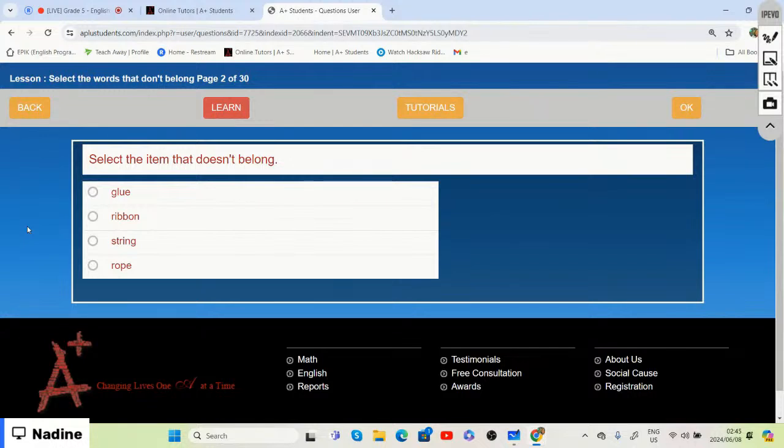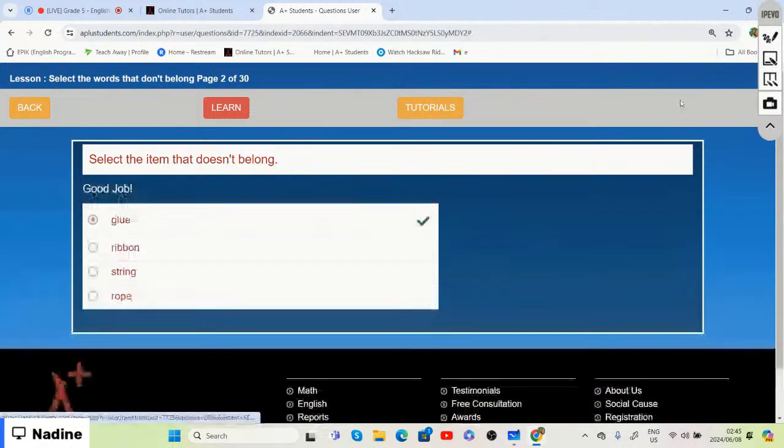All right. And if we were to select the item that doesn't belong, then yes, glue doesn't belong because ribbon, string, rope are something that you can tie, right? But not glue. So well done.